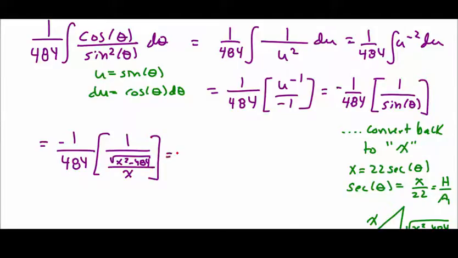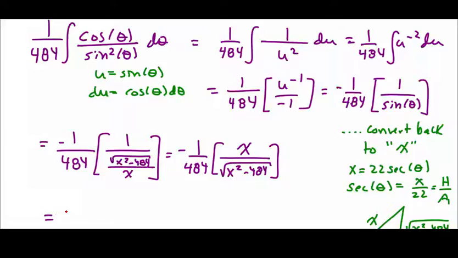When you divide by a fraction, you multiply by the reciprocal. So this flips up top to x, square root of x squared minus 484. It's kind of squeezed in there, so let's go ahead and write this out. So we could write this as negative x over 484 square root of x squared minus 484, and then a plus c, your constant of integration.